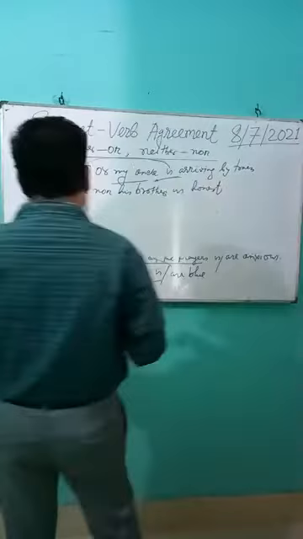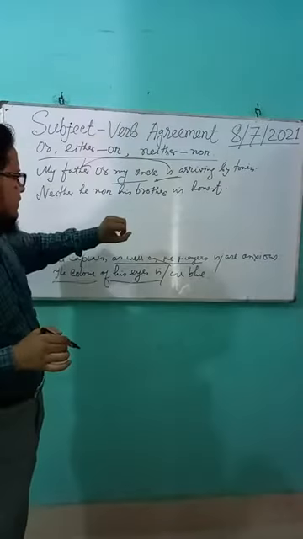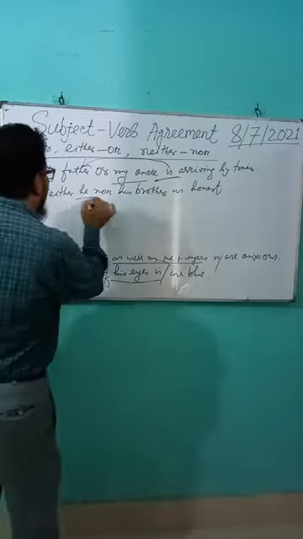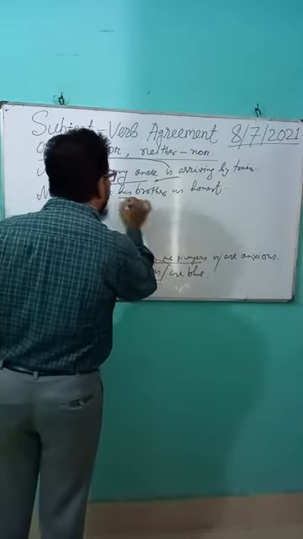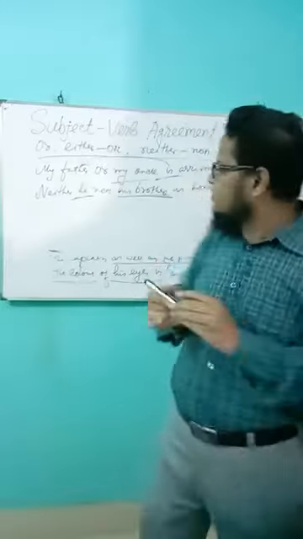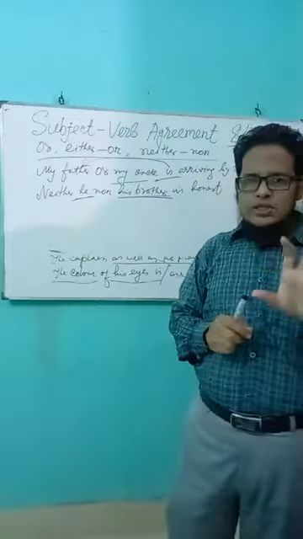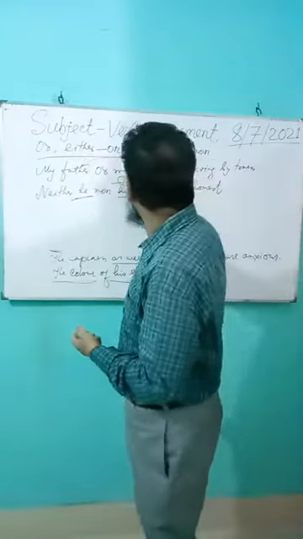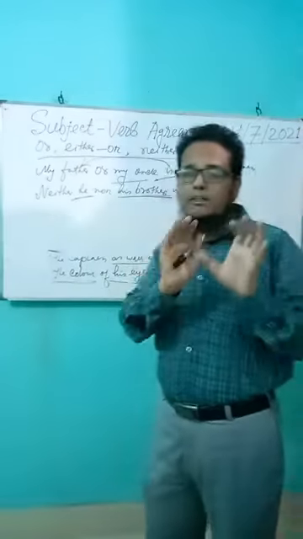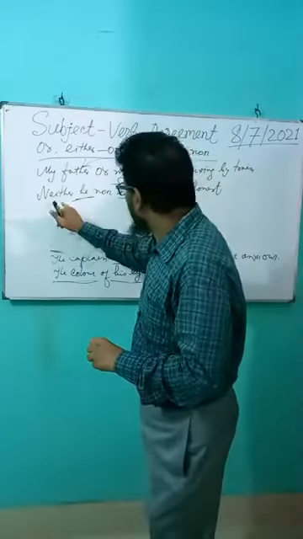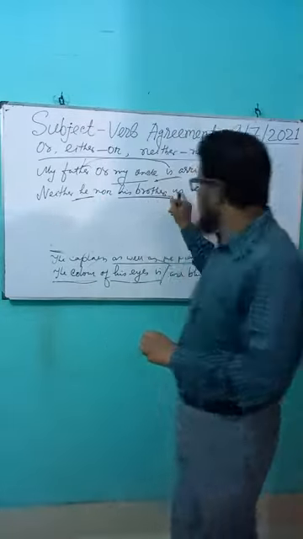Have a look. Neither he nor his brother. He is singular and his brother is singular. I have told you that if two singular subjects are connected with or, either or, neither nor, then the verb must be singular. So neither he nor his brother is honest.